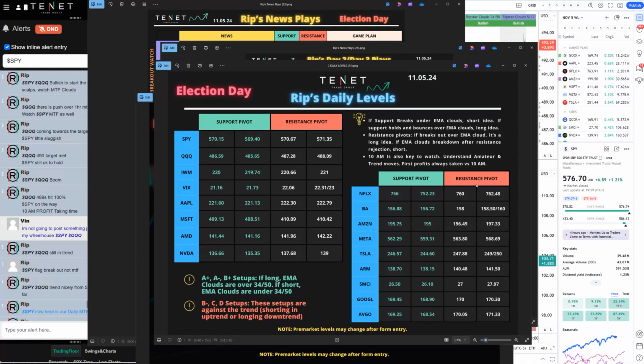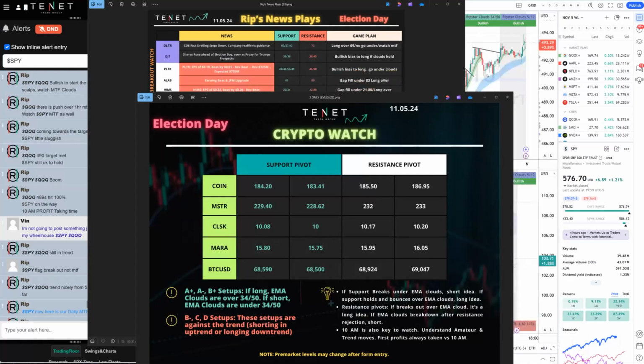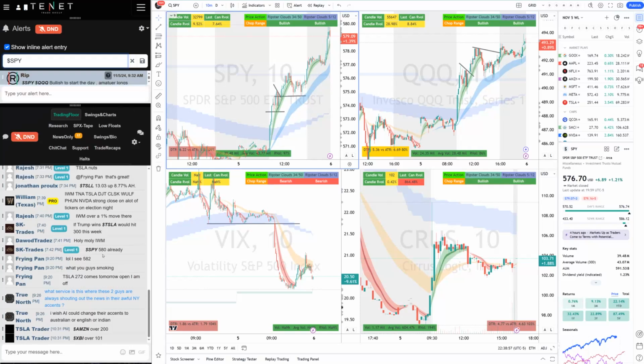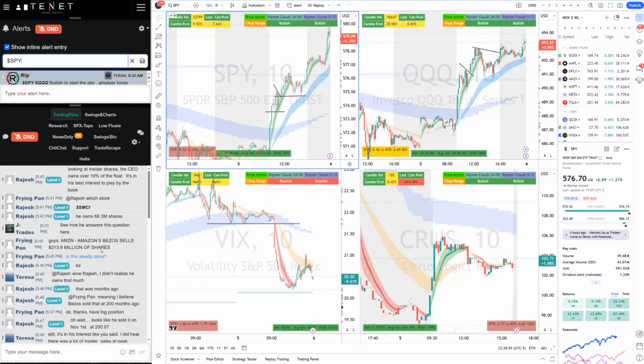Everybody can use these levels and the Ripster MTF Cloud system to trade independently, and we make consistent self-dependent traders in the community. That's what we try to teach, so we provide all these resources. I'm on the voice in the community the first few hours, guiding through the trades and the market, providing my inputs. We have 1,000+ traders on our trading floor every day.